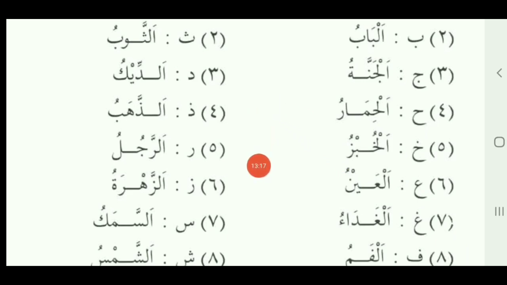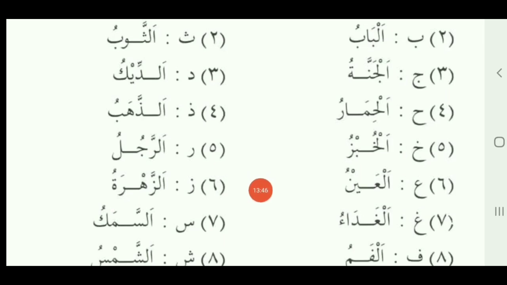Ar-rajulu, meaning the man. And here you can note that the ra is among the shamsiyya letters, as we never pronounce the lam, but we have a sign on the ra indicating there is a lam before the ra. So that is that.